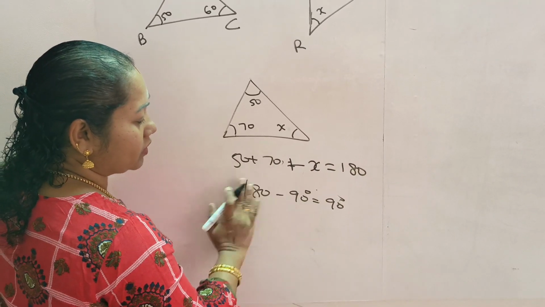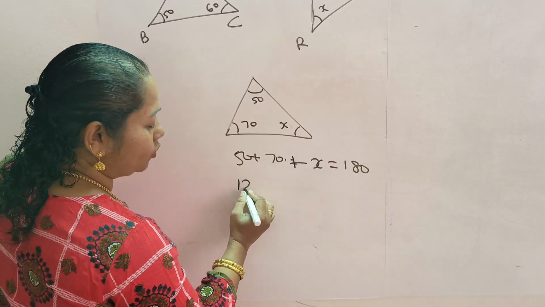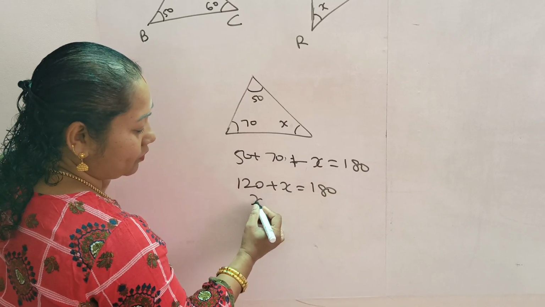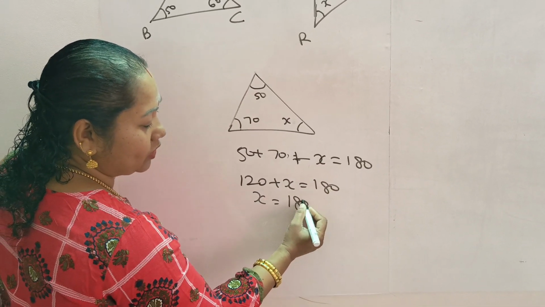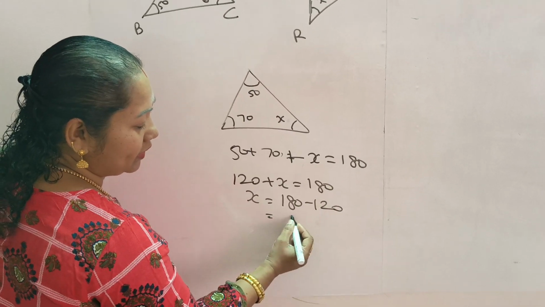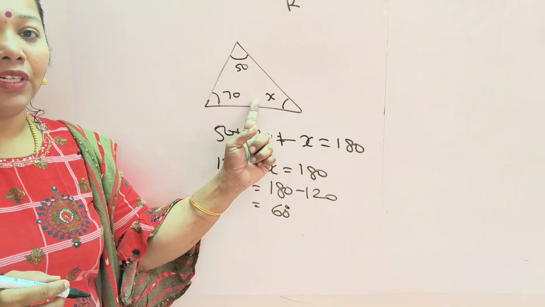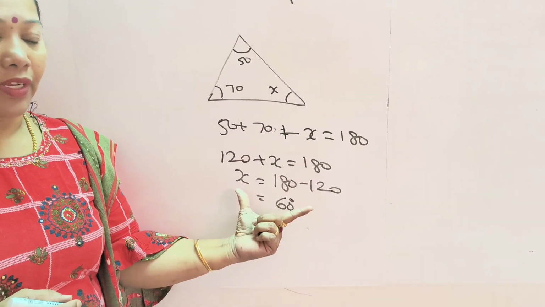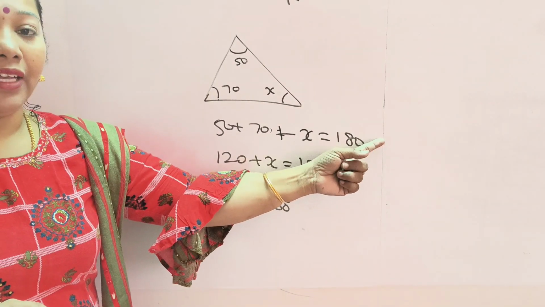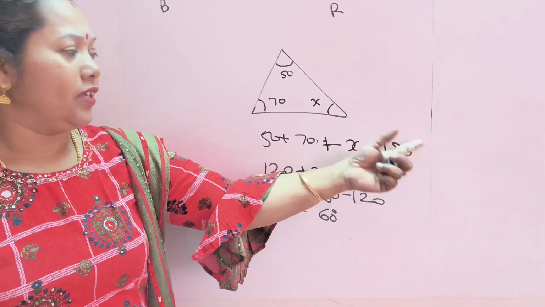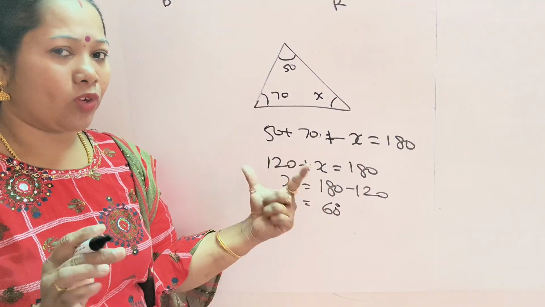That is, 50 plus 70 is equal to 120 degree, plus x is equal to 180. That is x is equal to 180 minus 120, that is 60 degree. So here we have found the third angle. This is angle sum property. We have to mention here that this angle sum property or sum of all angles of a triangle is 180 degree. I have mentioned this just for example.